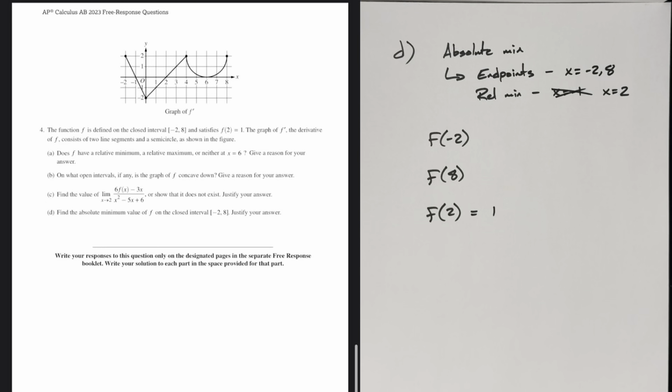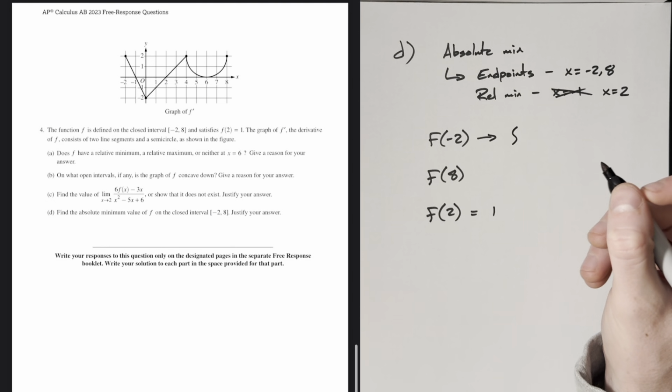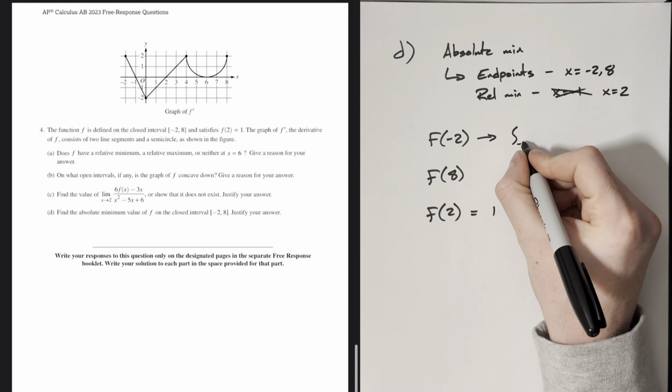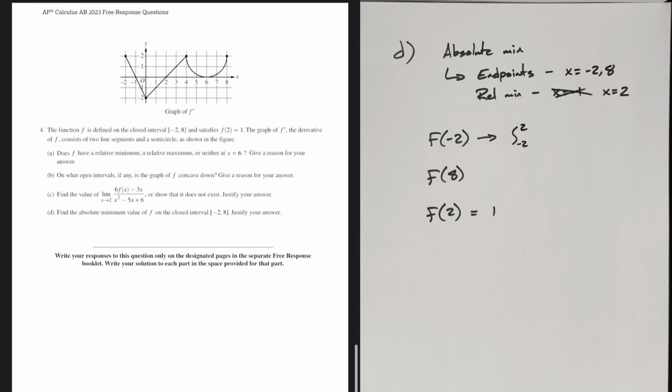Now, f of -2, f of 8, these look a little bit more challenging, right? The great thing about solving for the value of the function at these points is that I can use a definite integral. And here's how. What I'm going to do is set up an integral from a point that I'm going to solve for to a value that I already know. I already know f of 2 is equal to 1, right?